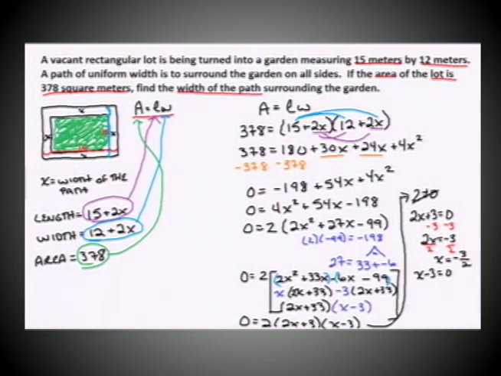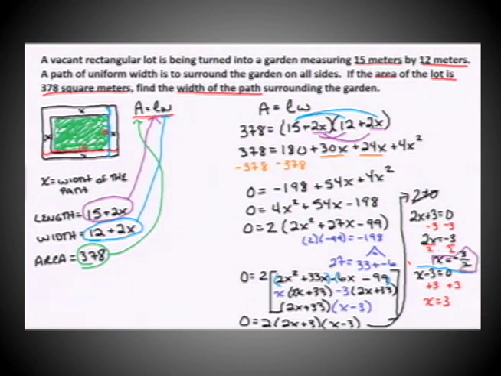Moving to the next one, let me just put a little line in between so they don't run together. I have x minus 3, so to solve this equation, I just add 3 to both sides, and I get x is 3. Now, I have two potential solutions here. Let me just call your attention to them.